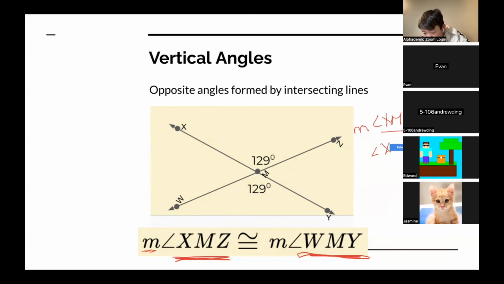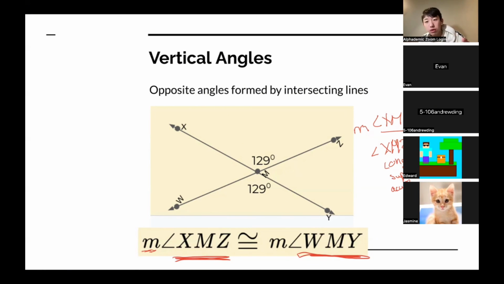Angle XMZ could just mean that it's congruent, it could mean it's supplementary, or it can mean it's acute. It means something more qualitative, it's not numerical. Whenever you put an m in front of it, it means that you're talking about the actual degree value.